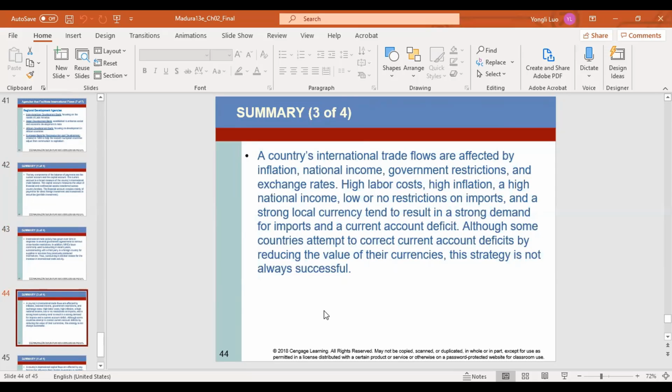Although some countries attempt to correct current account deficits by reducing the value of their currencies, this strategy is not always successful.